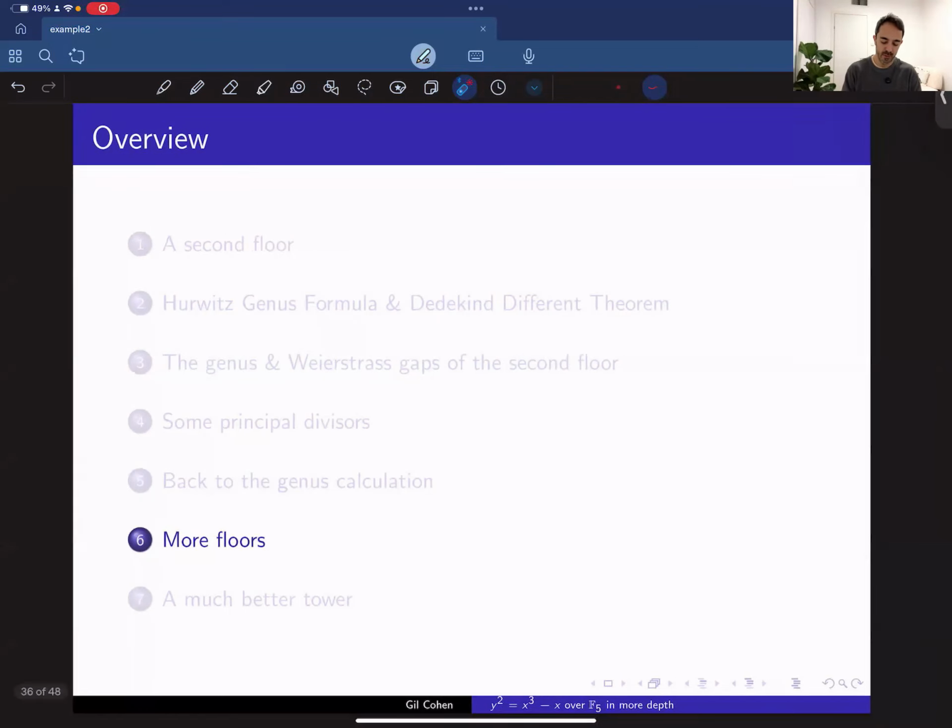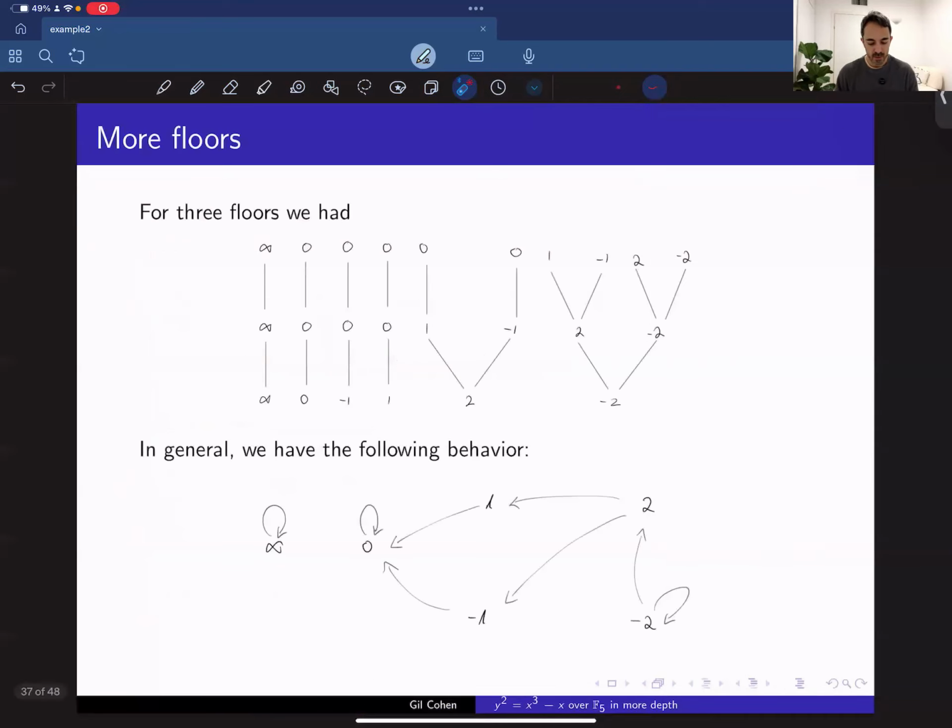using our defining equation. So if you remember, so far, when we had 3 floors, the geometric picture was that above the place at infinity, there is only one place, the ramification is 2, and so we denote it also as infinity, and that proceeded on and on.